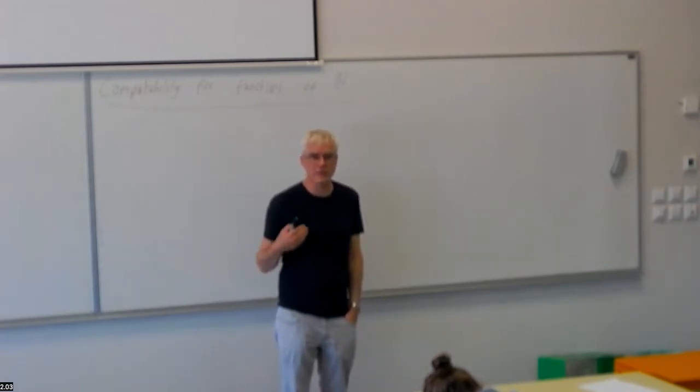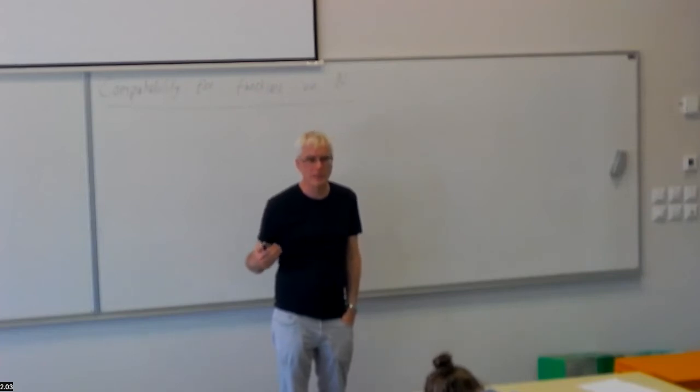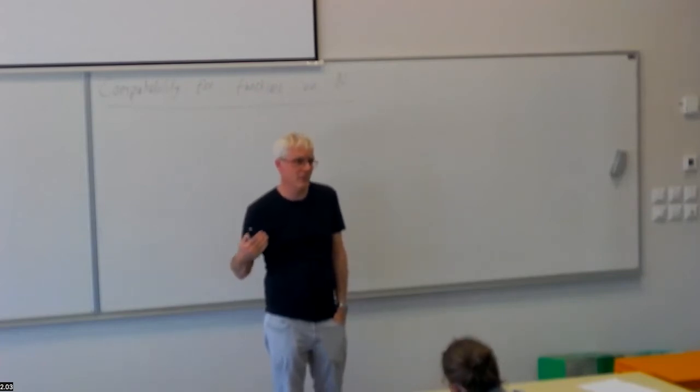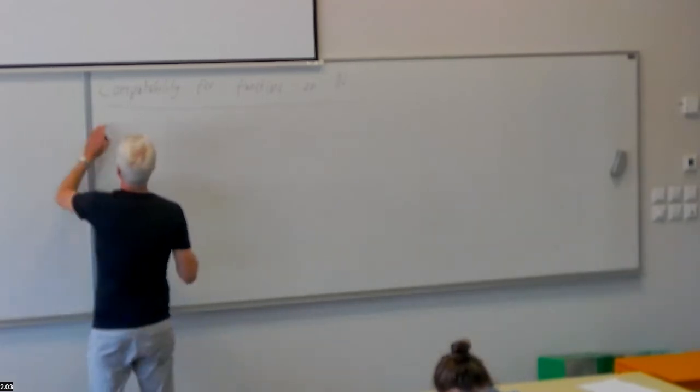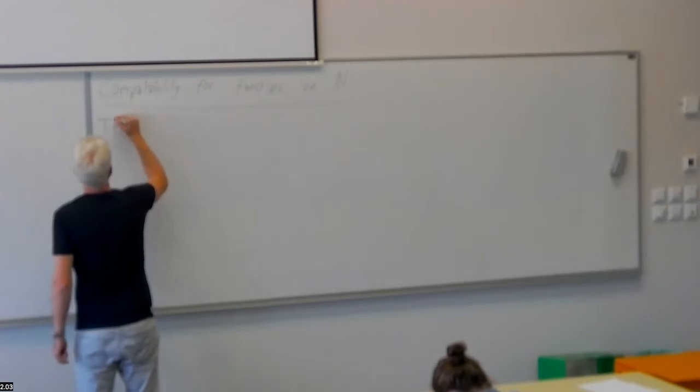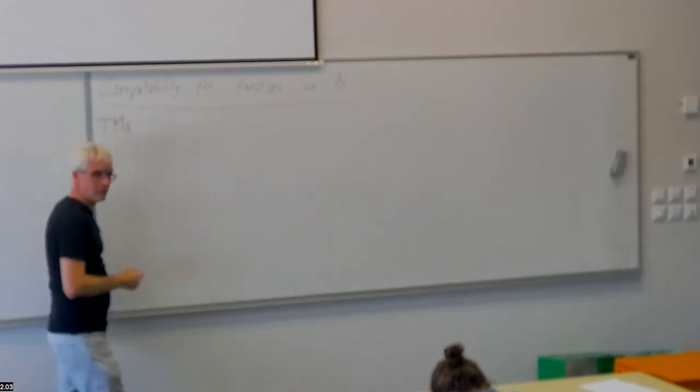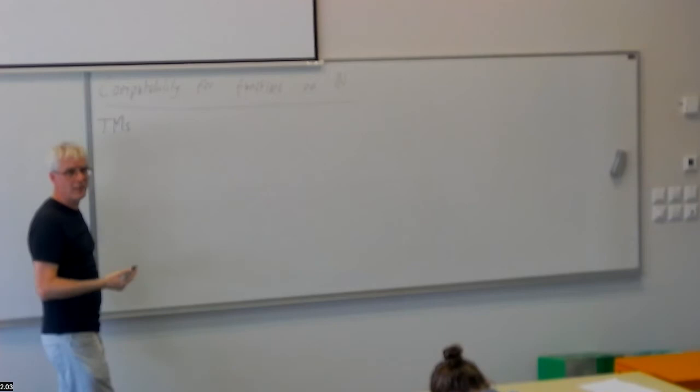We want to say how, using the Turing machine model, we can compute functions on natural numbers. And it's kind of almost obvious how to do this. So the Turing machines can compute functions on natural numbers by representing natural numbers as words.